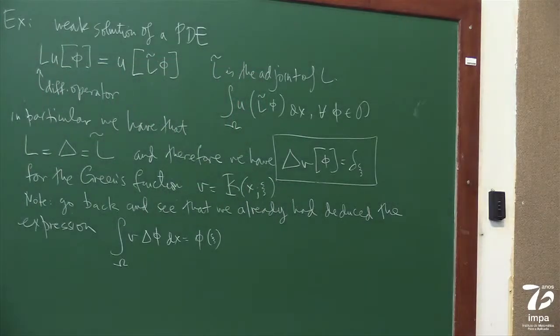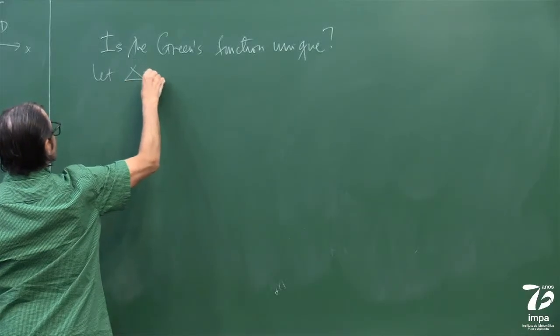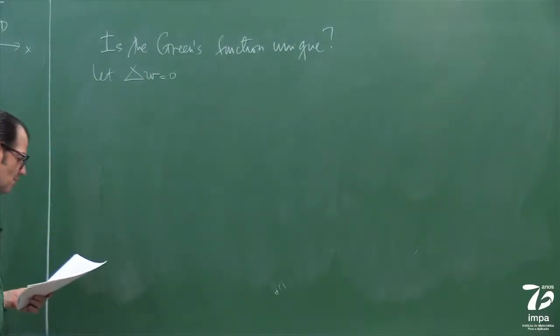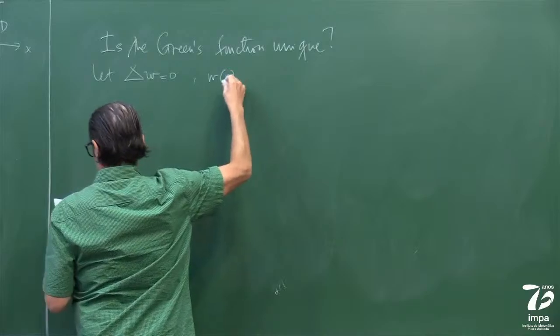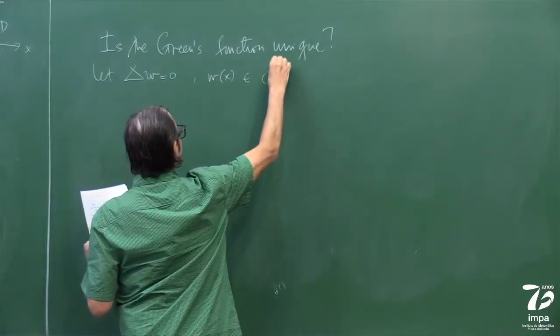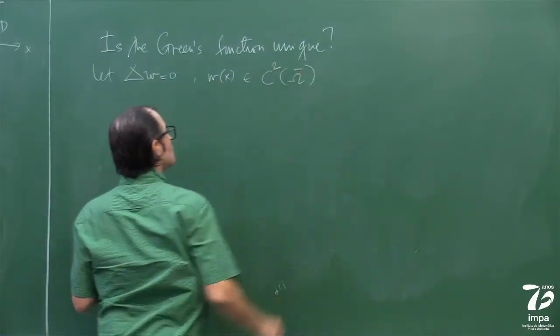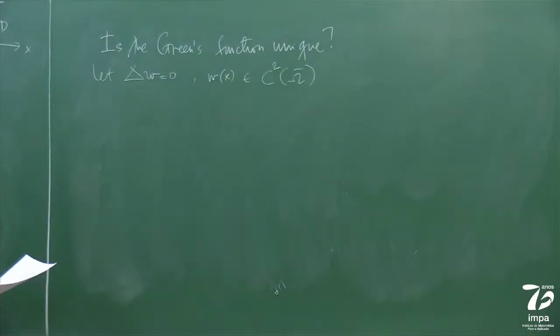Okay? So let W be a harmonic function. And everything nice, right? So smooth, say, even up to the border, doesn't matter.